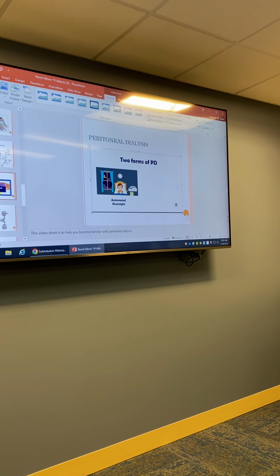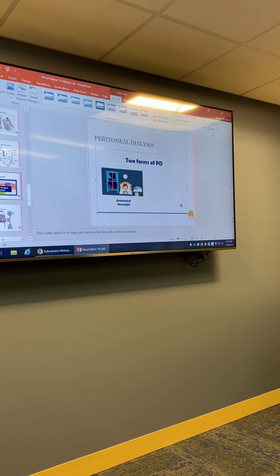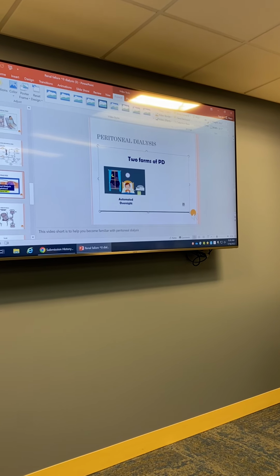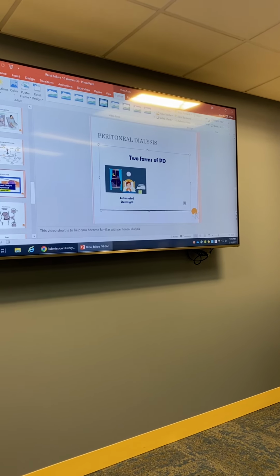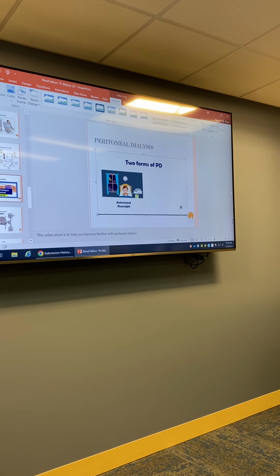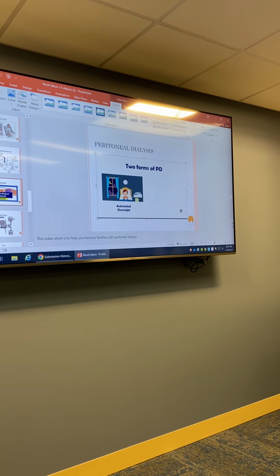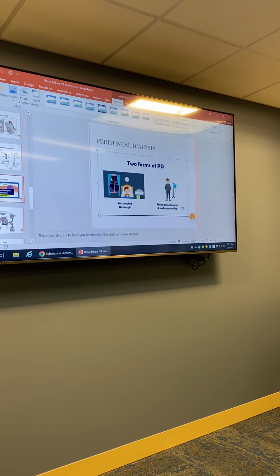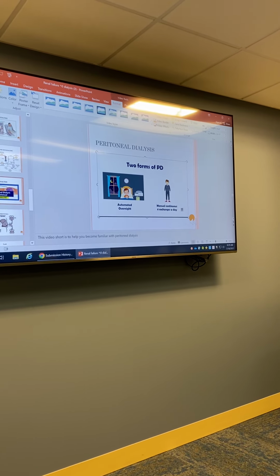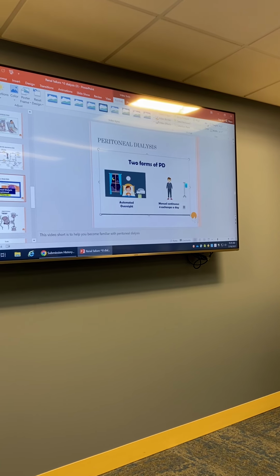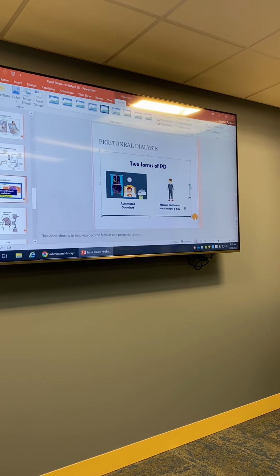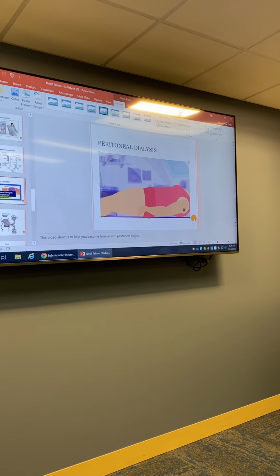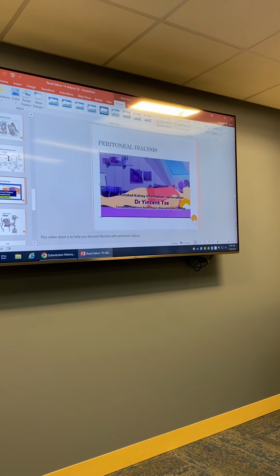There are 2 main types of PD: automated peritoneal dialysis, which uses a machine while asleep for about 10 hours per night. The machine drains and fills about once every hour. Manual PD is used in most parts of the world. Every 6 to 8 hours, the patient drains old fluid out, then fills with fresh fluid. This was a quick run-through of peritoneal dialysis. Thank you for listening.